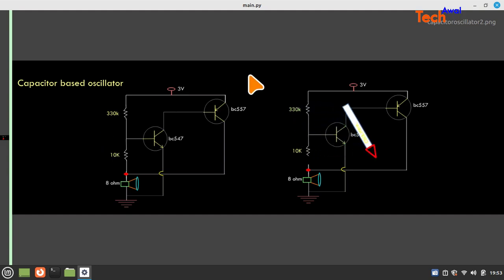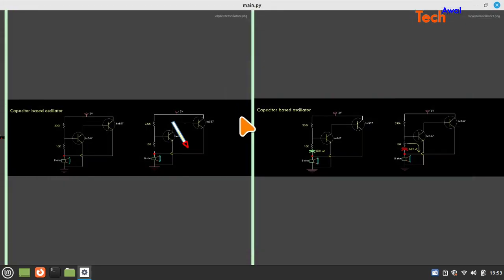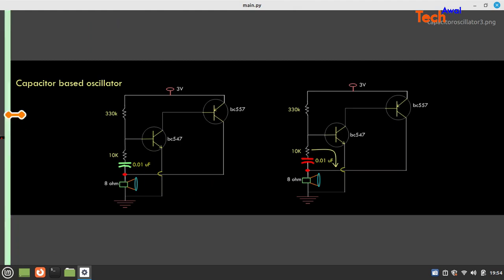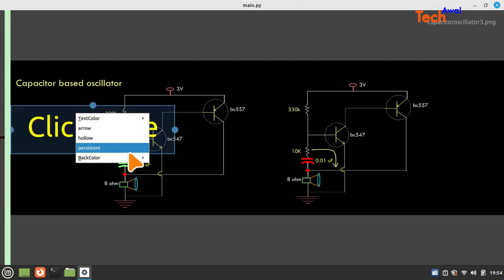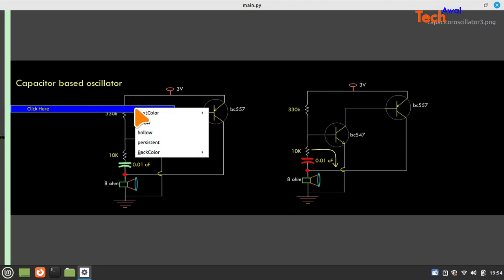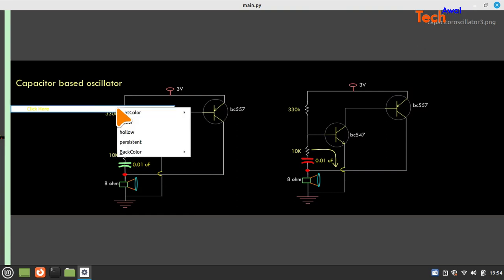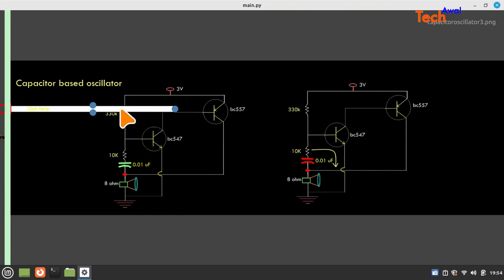Okay, now there is another scenario. So this would be considered as the third scenario.